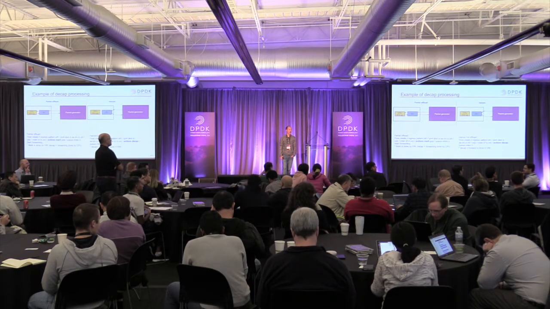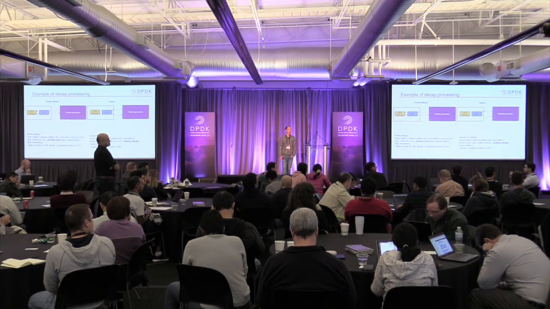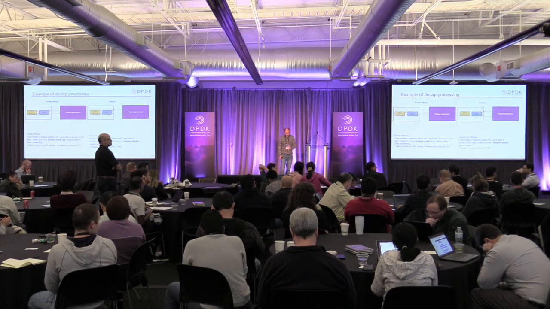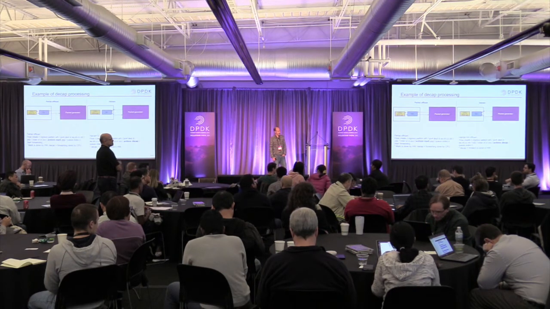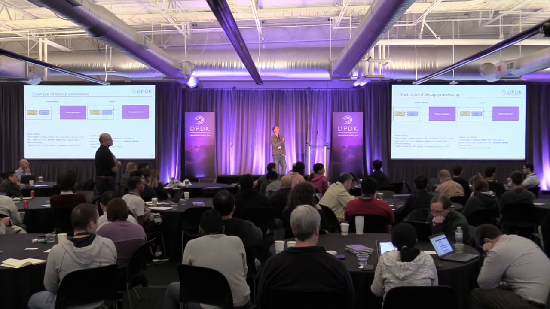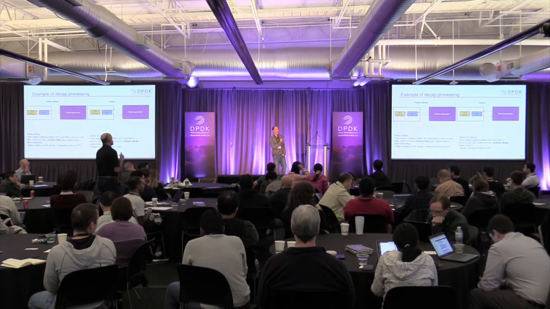So we need to somehow build a communication channel between the smart NIC and the application on RTE flow. Right now, we don't have a list of capabilities. So this is, of course, another one of the capabilities that should be supported. That's one thing I would like to address.